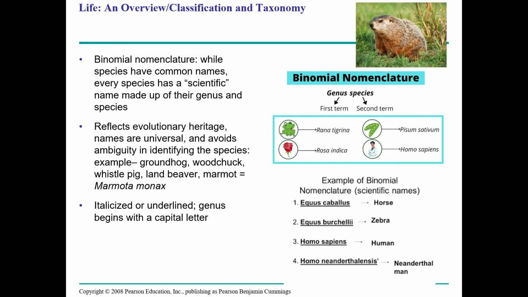And that is that with all the millions of species that we know of, they all have names. And you may have heard of a lot of these names, like, oh my gosh, look, it's a wood turtle, it's a blue jay, it's a robin. But we are scientists, of course, and we are in college. So we refer to these species by their binomial names or their scientific names.